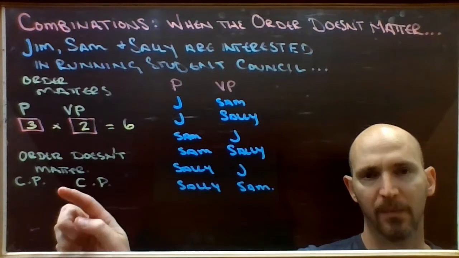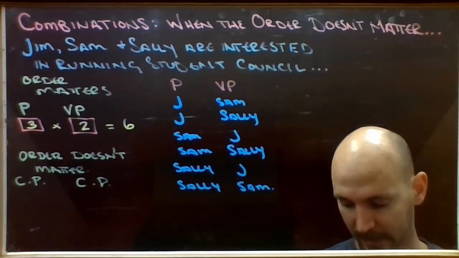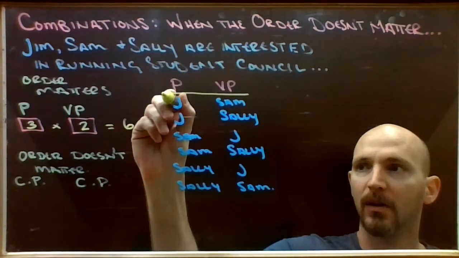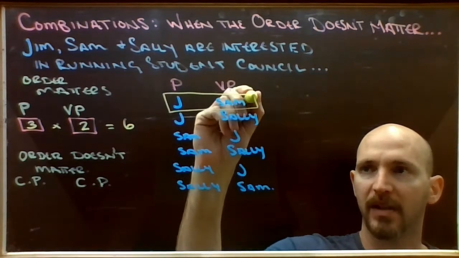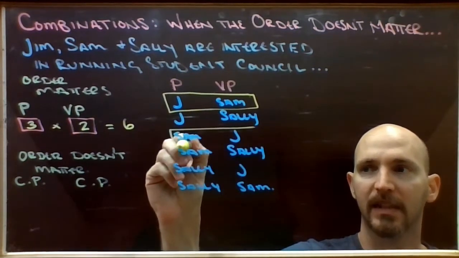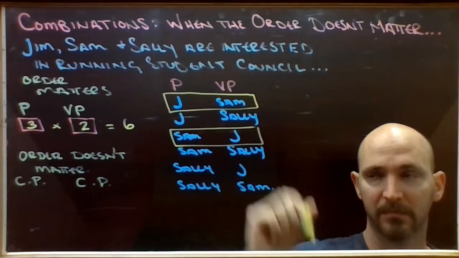And if I go to this one, where the order doesn't matter, and I simply make them co-presidents, then this line here, where Jim is one co-president and Sam is the other, is no different than this row. So these are the same.